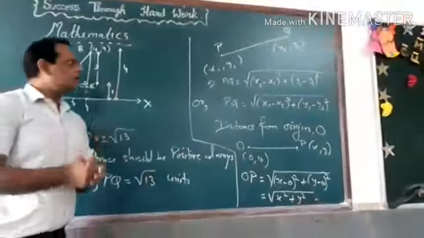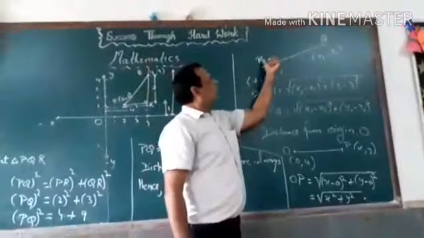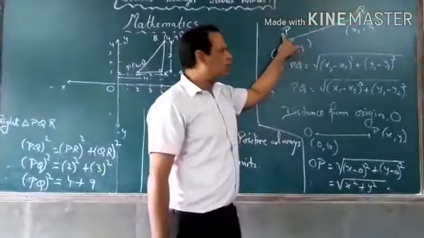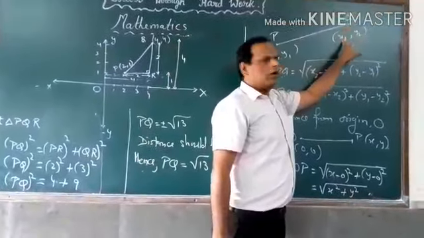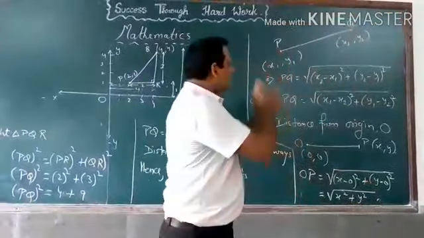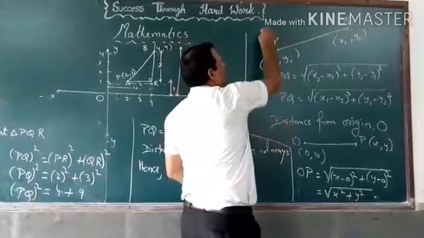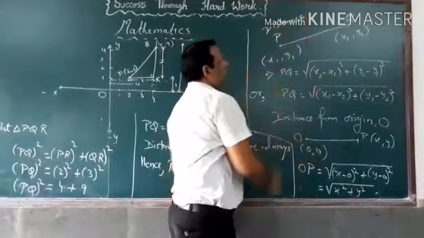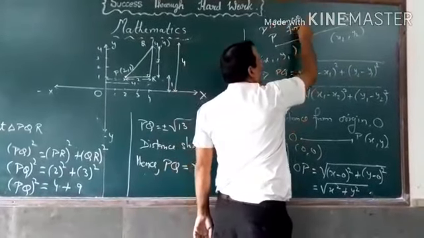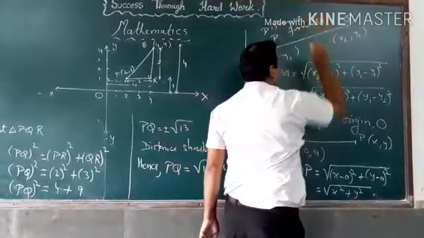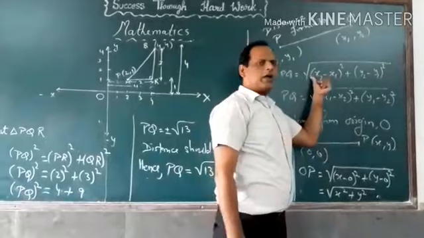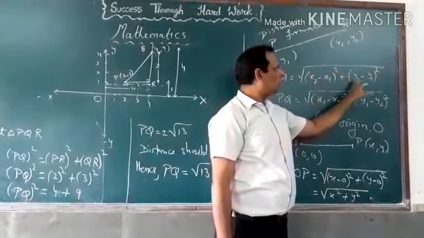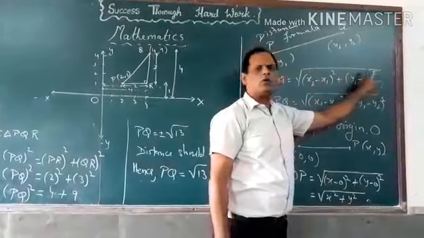Now we generalize this formula: in PQ, the coordinate of P is (x1, y1) and the coordinate of Q is (x2, y2). So this is called the distance formula. Our distance formula between P and Q is generalized in this form: square root of (x2 minus x1) whole square plus (y2 minus y1) whole square.